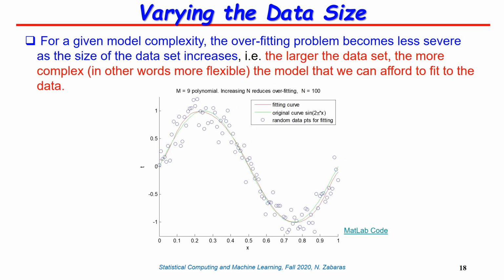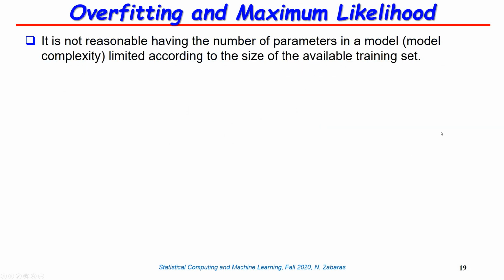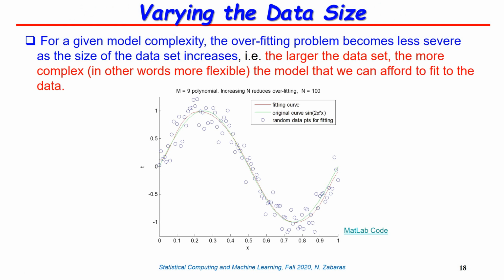And actually, if you use 100 training data points, your regression function looks even better. And so effectively, you know what that says? That the more training data you have, the higher the complexity of the model that you can afford without having to worry about overfitting. Okay?